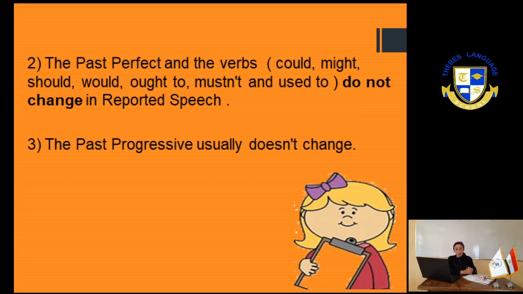If you have a direct sentence with the past progressive, you are not going to change it for the reported answer. Let me give you an example. "I was playing football all day yesterday." Ahmed said that he was playing football, and so on. Here we didn't change the past progressive tense.